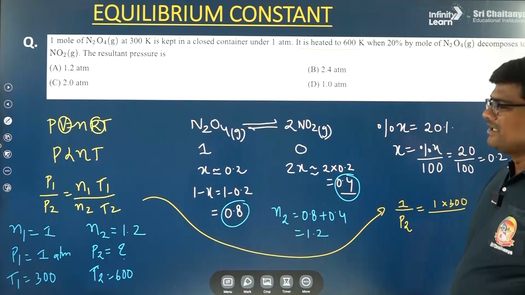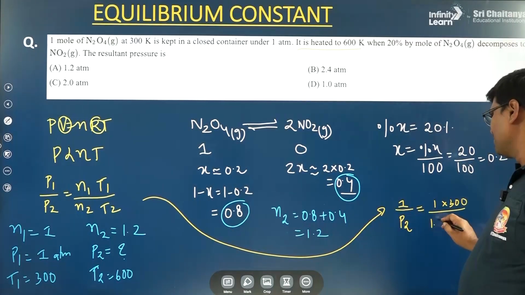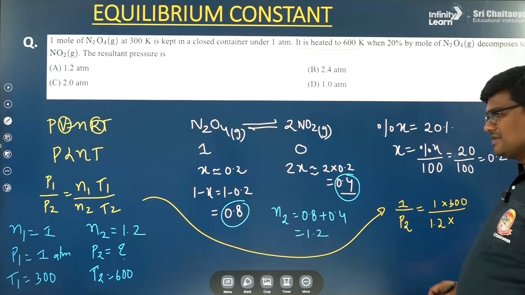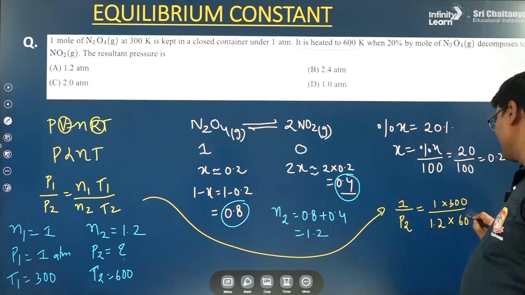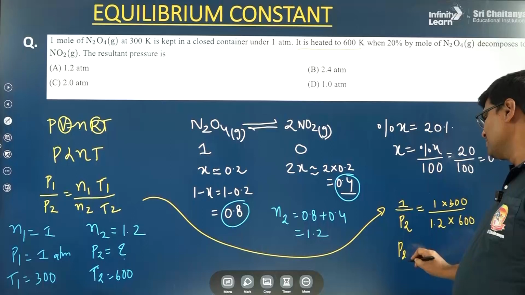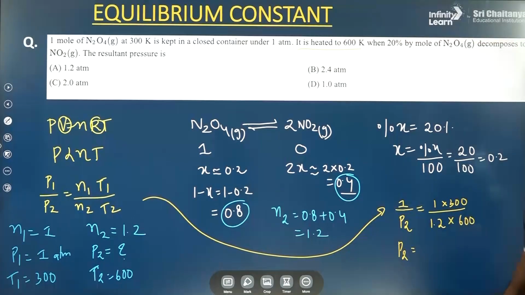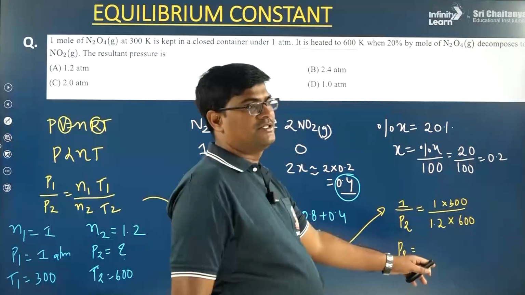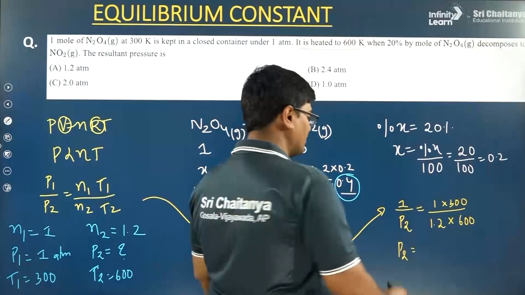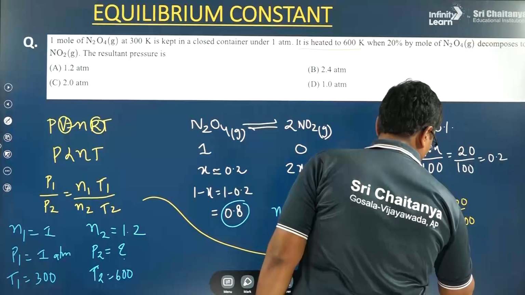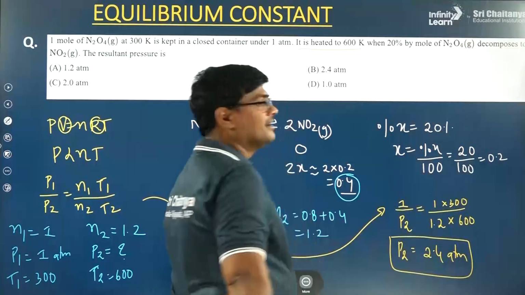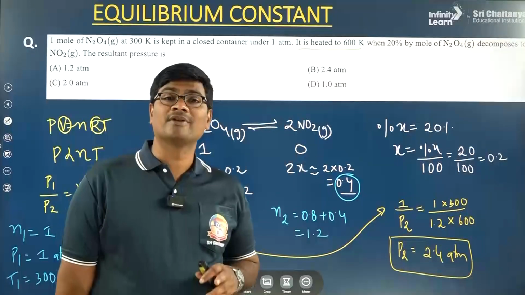N2 is 1.2. T2 is, sorry, 600 Kelvin. Then P2, if you simplify this, 300 divided by 600 is half, so 2 into 1.2, 2.4 atmospheres we are going to get. This is the right answer, that is 2.4 atmospheres.